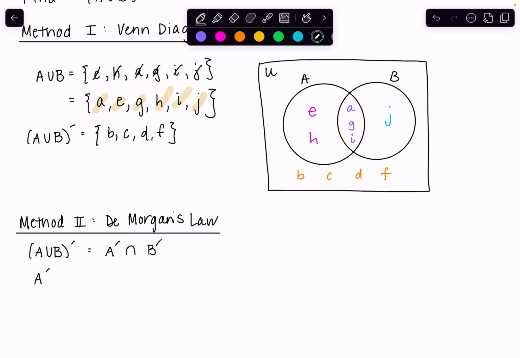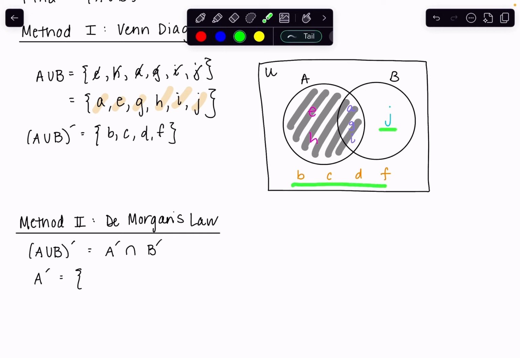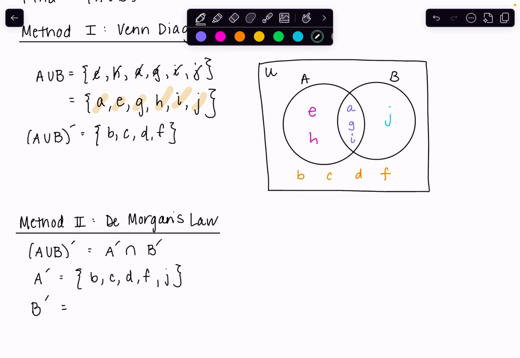If I start by listing A complement, I go ahead and cross that circle out. And what's left is everything on the outside plus J. So in order, that would be B, C, D, F, J. Then we do the same thing with B complement. Ignore B circle.